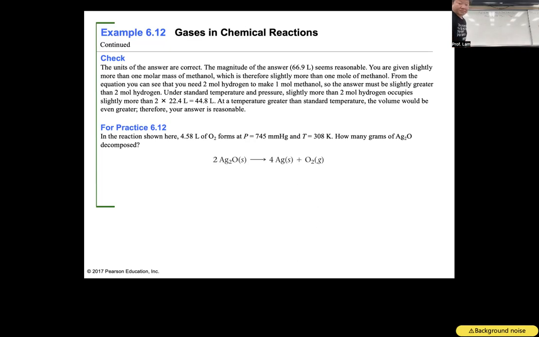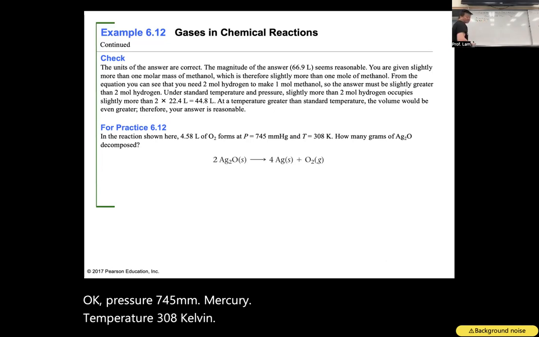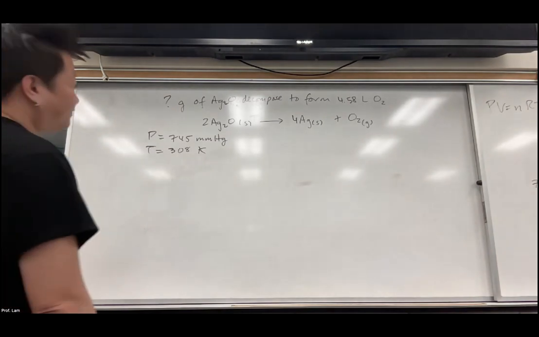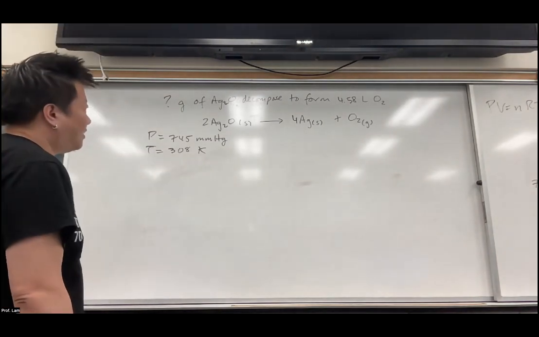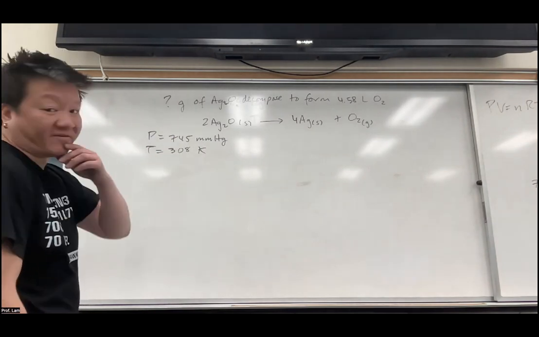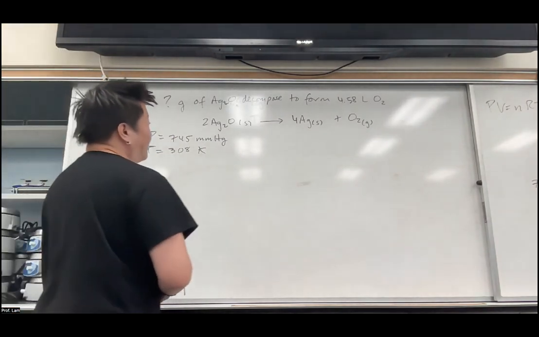Pressure 745 millimeter mercury, temperature 308 Kelvin. So we've got how many grams of Ag2O decomposed to 4.58 liters of oxygen, right?